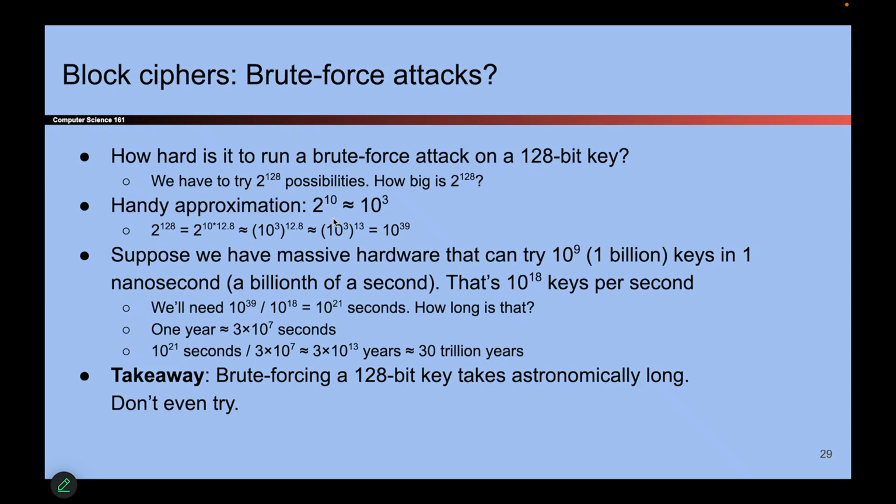And so using a bit of back of the envelope calculations, this number is so big that even under some very, very fast assumptions, you would need something like 30 trillion years to solve this problem and guess the correct key. So you can try it. You can try to take my encrypted message and guess it, but you're going to be sitting there for 30 trillion years before you can tell me what the message is. So you can try it, but you're not going to finish. The universe will swallow us all up before you are ever done.